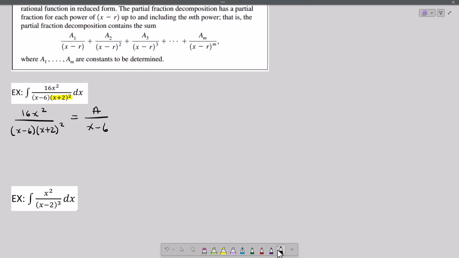But then for the factor here that's got a repeat, we have to have a partial fraction for each power. So this is going to be our decomposition. So for that x plus 2 squared, we have 2 fractions. 1 for each of the powers. X plus 2 to the 1, and then x plus 2 to the 2. Constant in the numerator.